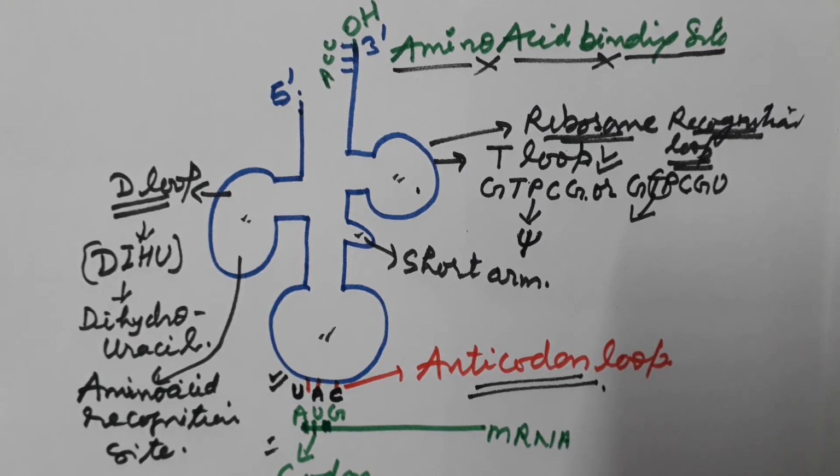This is the structure of transfer RNA. This is also known as the adapter molecule that serves as the physical link between the messenger RNA and the amino acid sequence of the protein.